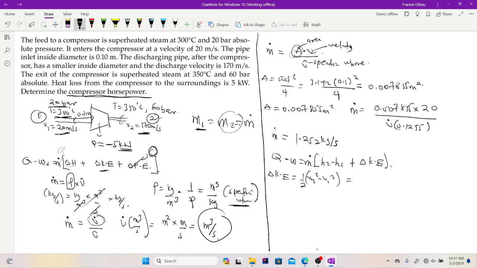And then from our previous video, if you want to convert it into kilojoules per kilogram, this will be in joules per kilogram before you convert, so you have to divide by 1000. So from our previous video, that was what we established. So we have V2, 170 squared, minus V1, 20 squared, all over 1000.